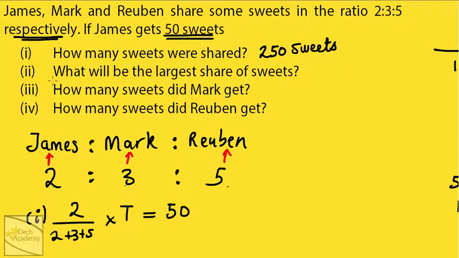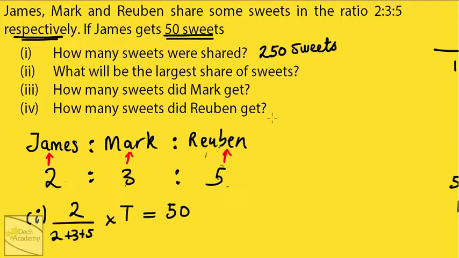What about question 2? It asks, what will be the largest share of sweets? Well, Ruben will get the largest share because his component of the ratio is the largest. Out of 2, 3, or 5, 5 is the largest, which means that Ruben will get the largest share. So to determine the largest share, we find out how much Ruben gets.